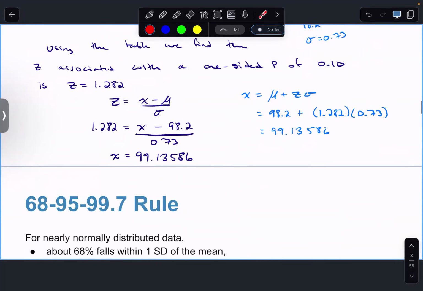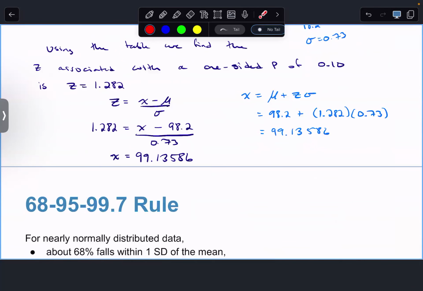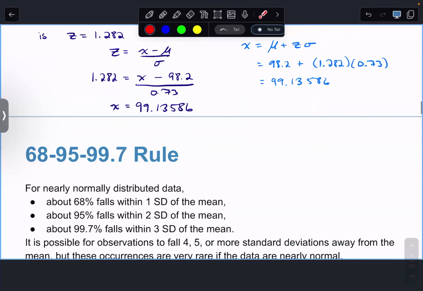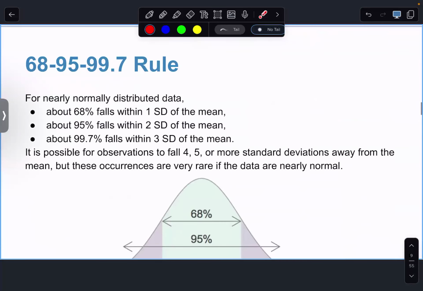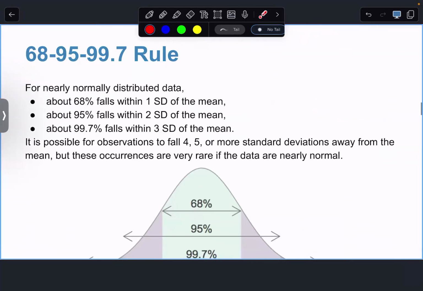Any questions before we talk about the empirical rule? Which we're going to call just the 68, 95, 99.7 rule, because it's more telling. Instead of the table, we could just use the 68, 95, 99.7 rule. How so?